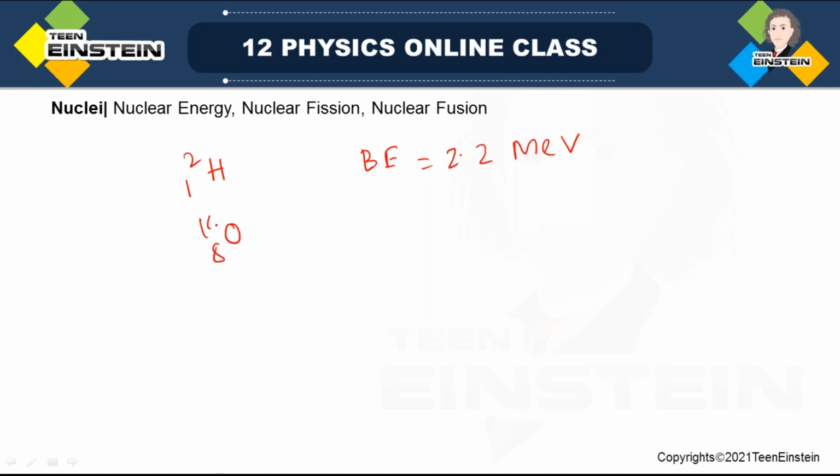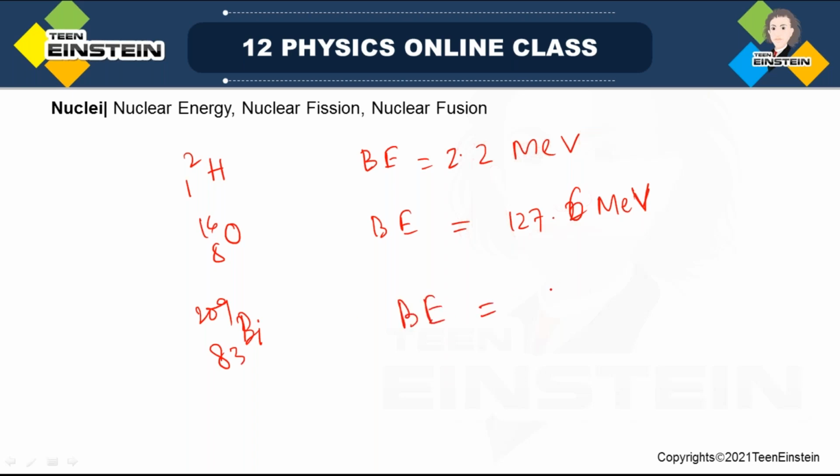Now you take oxygen, it has binding energy of only about 127.26, sorry, 127 MeV. Okay, and at the same time, if you take a little bigger one again, bismuth, bismuth has mass number 209 and atomic number 83.